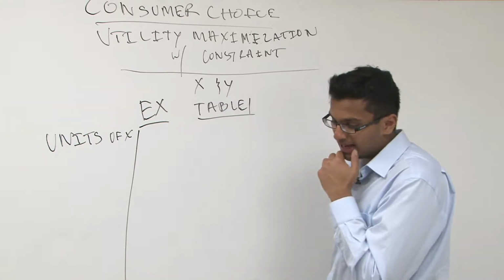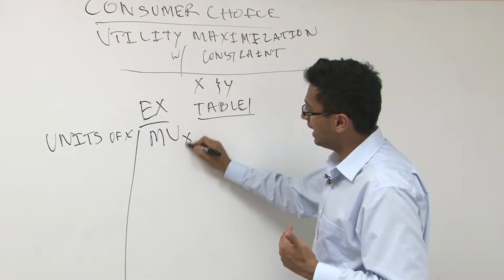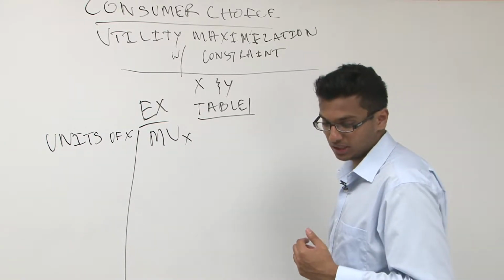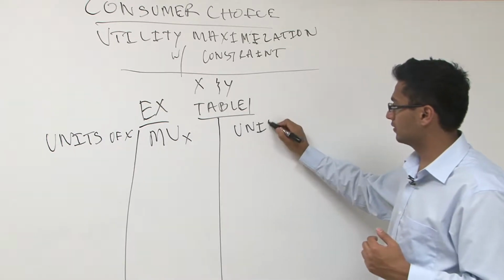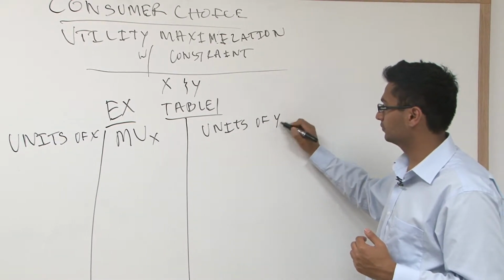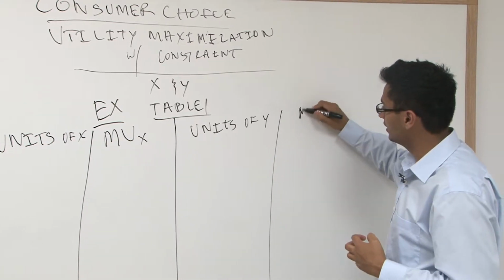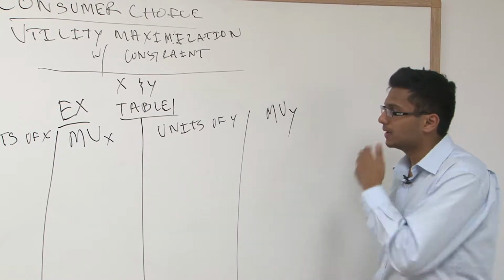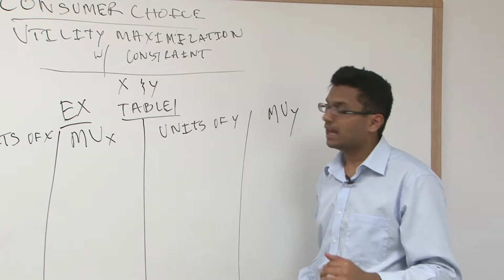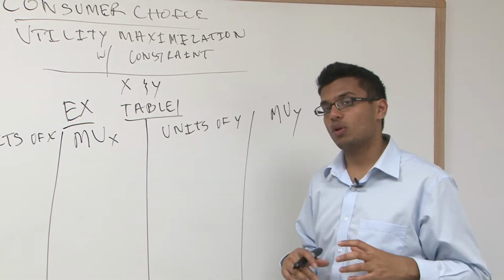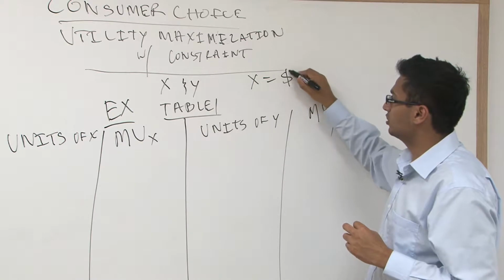Next is going to be the marginal utility, MU, derived from X. Next is going to be units of Y, and the next section is going to be marginal utility derived from Y. There's one other important piece of information before I start filling these tables out: the prices of X and Y. In this example, the price of X is $8.